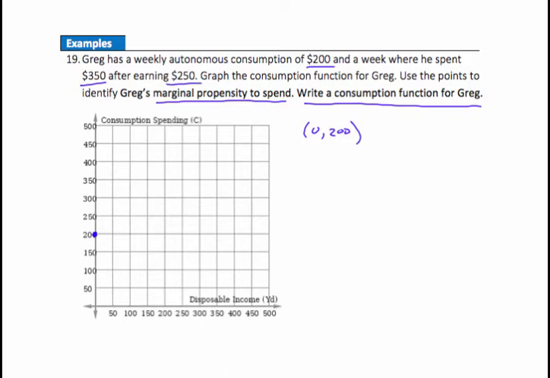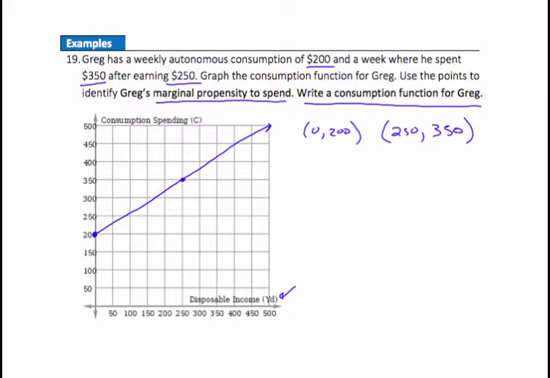So it's written in the word reverse order here. Notice he earned $250. That's what's coming first. That's his disposable income, or X value, and then he spends $350. So the point is going to be $250, $350. There's our point.